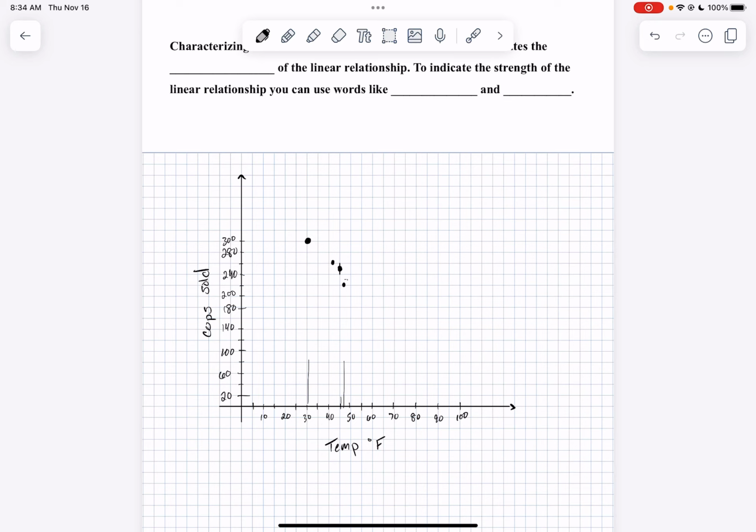Then 58, it'd be almost to 60, and 192 would be almost 200. Okay, and then we have 62 and 150, right about here. There's 140, so 150 would be right about there. For 70 and 75, 60 to 80, so 75 would be there in the middle. 77, so a little past 75, and 45.